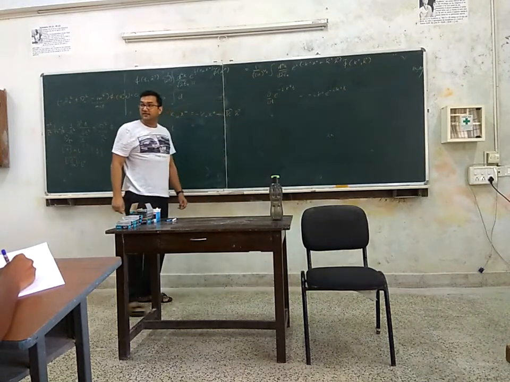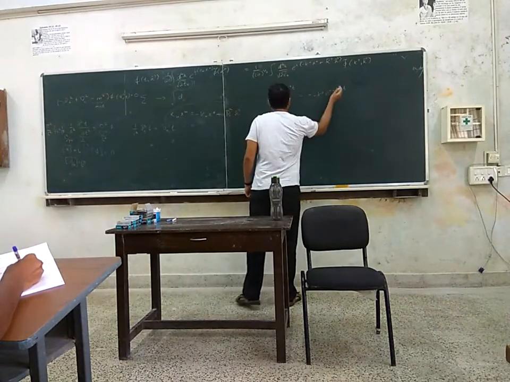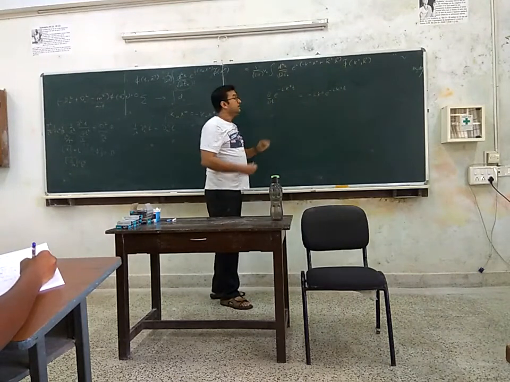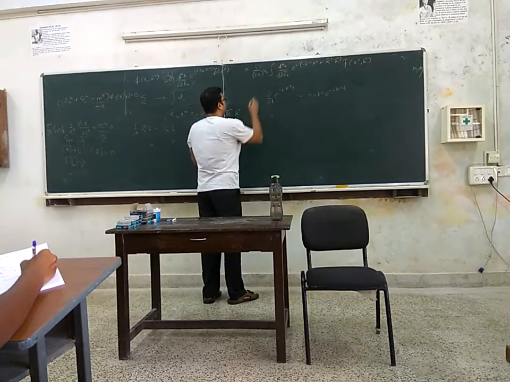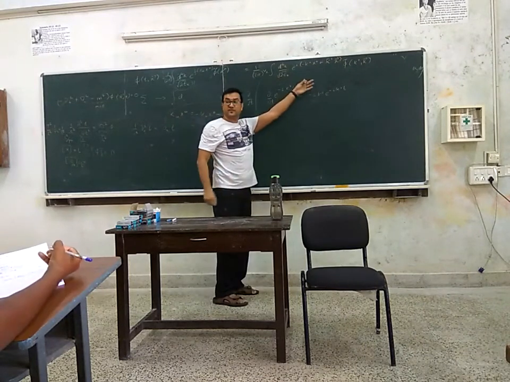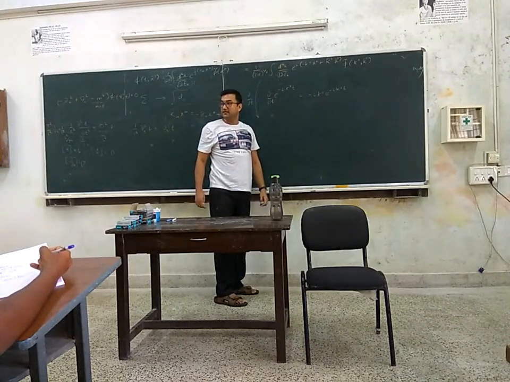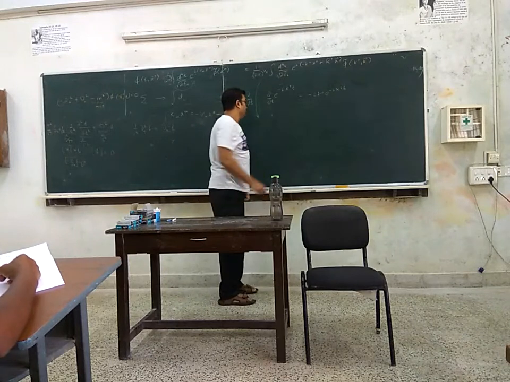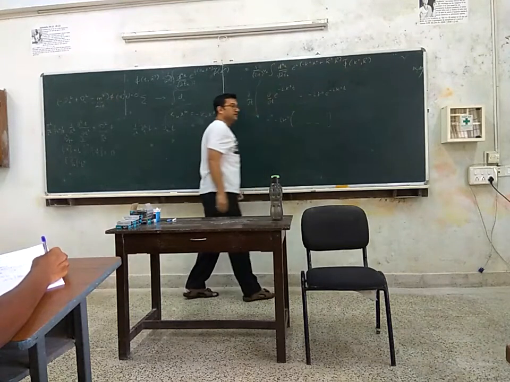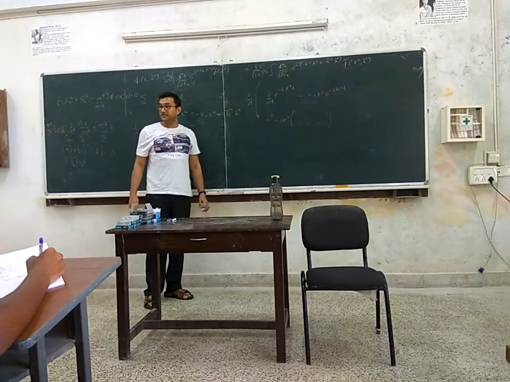So if I take the derivative of this whole expression with respect to t, I get exactly the same expression times minus i k naught. That's it. What if I take the second derivative of the same expression?